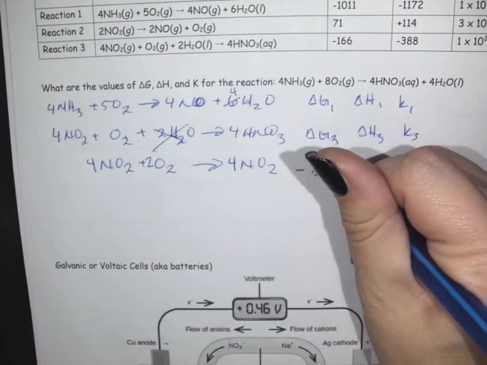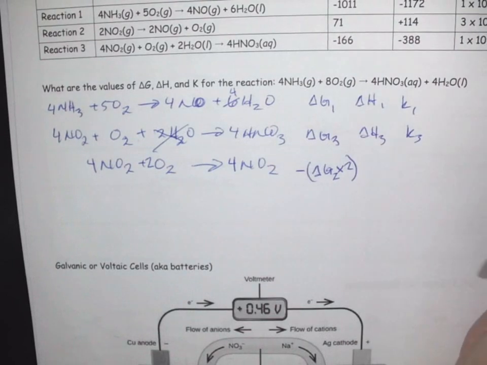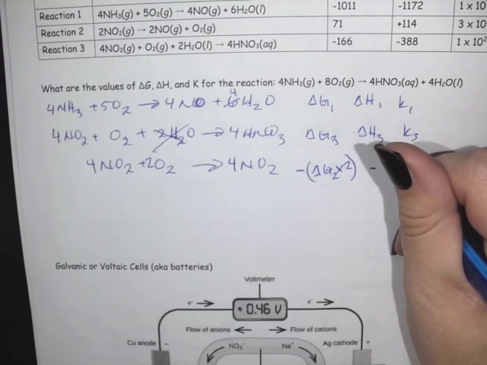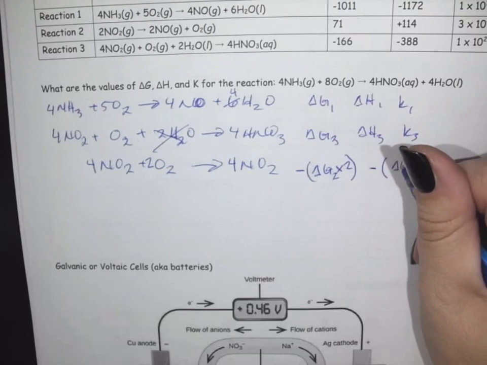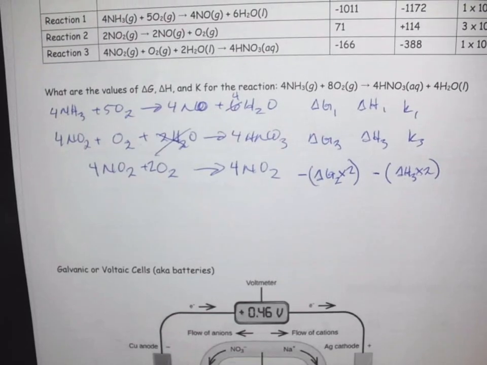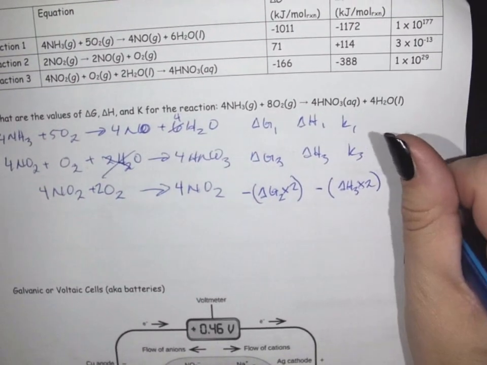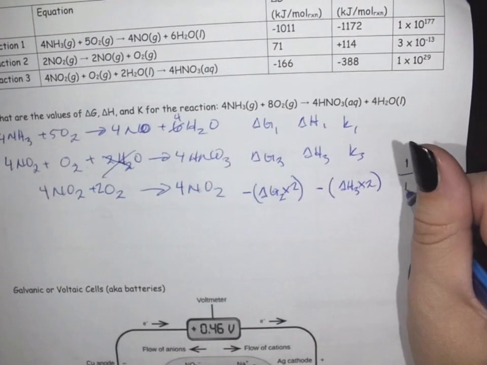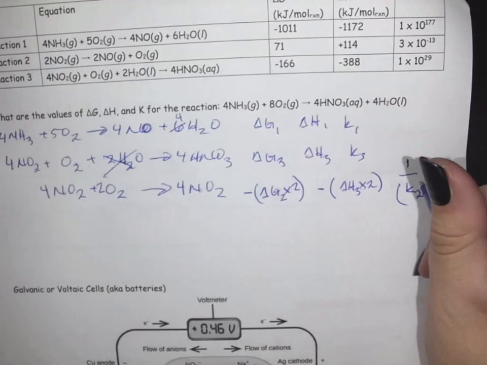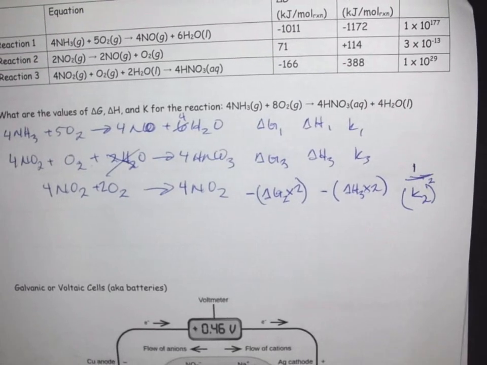And because we doubled the reaction, we would double the delta G. So then, same thing here, because we flipped the reaction, we do a negative delta H. Because we doubled it, we'll multiply it by 2. And then finally, K values are weird. Because we flipped the reaction, we're going to do 1 over K2. And because we doubled it, we raise the K value to whatever the multiplier was.